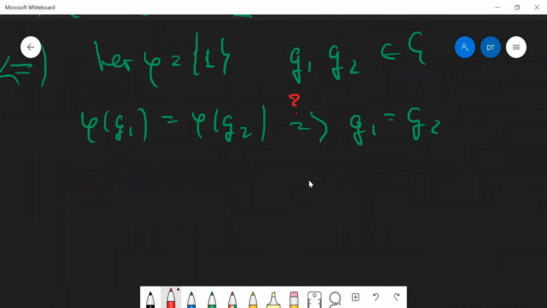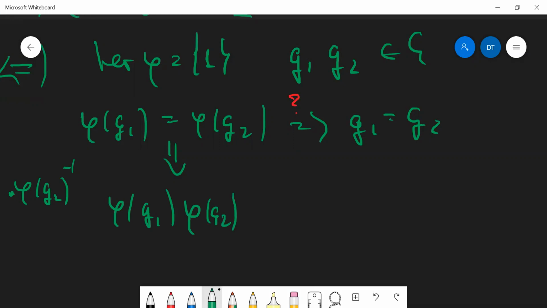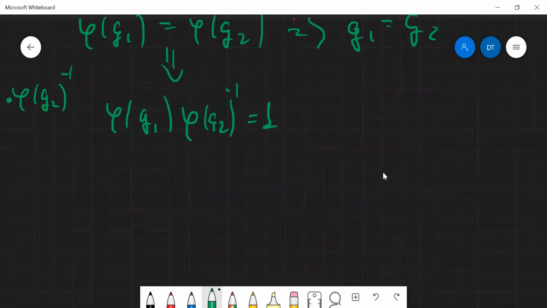Okay, let me show you. So we know that the images are the same. Let's multiply these by phi(g2) inverse, let's say on the right. Then we will get phi(g1) phi(g2) inverse is equal to 1.